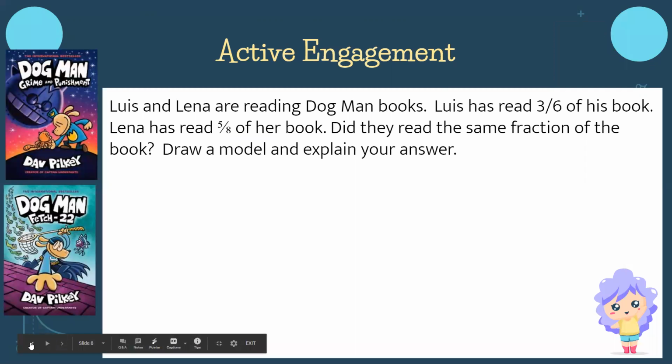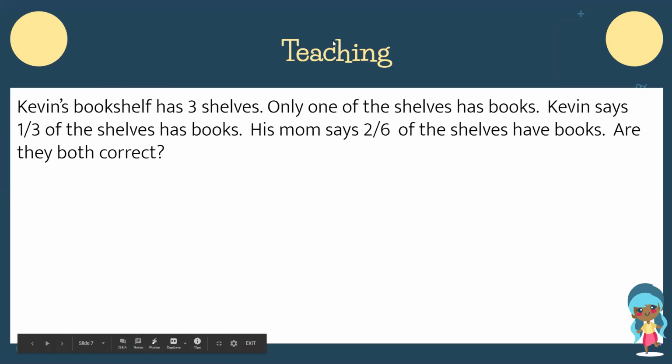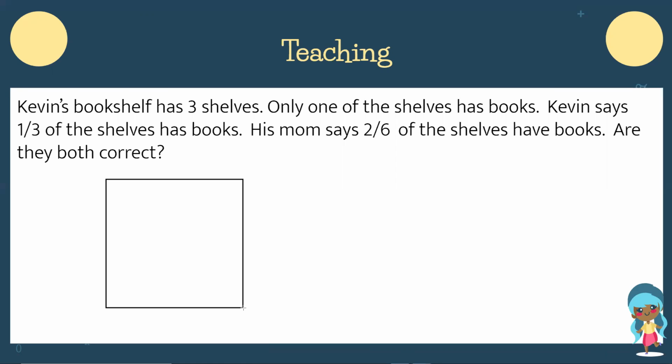So I'm going to draw a model to show my thinking. And we're going to be sketching square models today. So I know that his bookshelf has 3 shelves. So the whole bookshelf needs to be partitioned into 3 equal shelves.